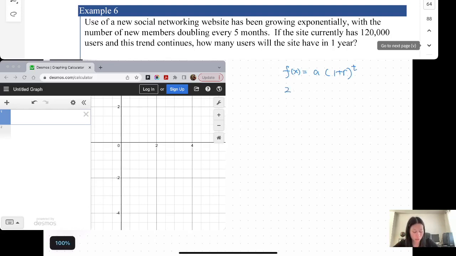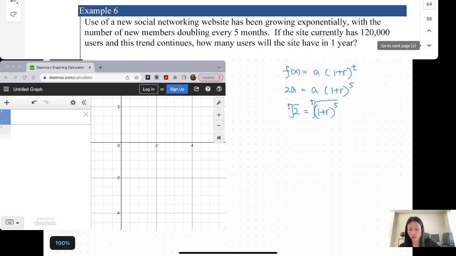So that means the output is going to be 2a, which equals a times 1 plus r to the 5. Simplify it, we divide a on both sides. I have 2 equals 1 plus r to the 5th. And then I take the 5th root of 2 on both sides.